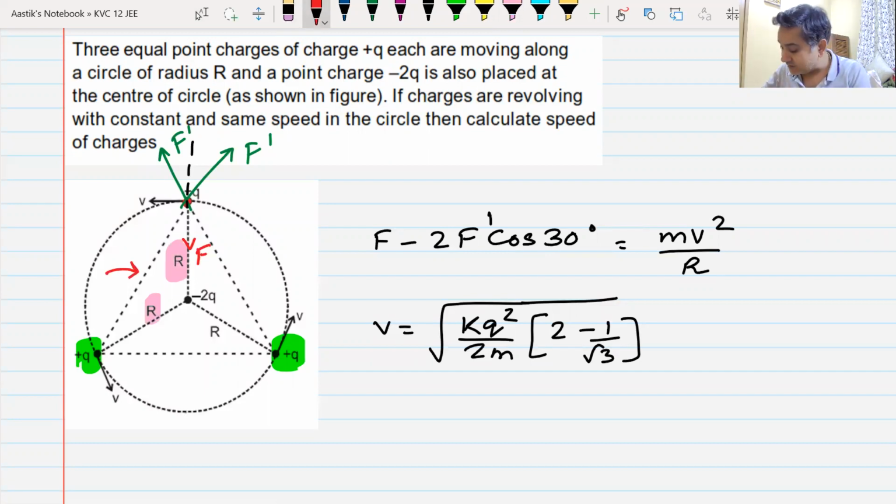How much will be this distance? Root 3r. That is correct. So you just put that value root 3r.